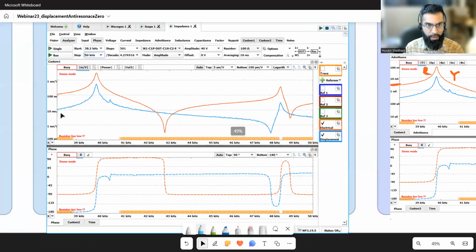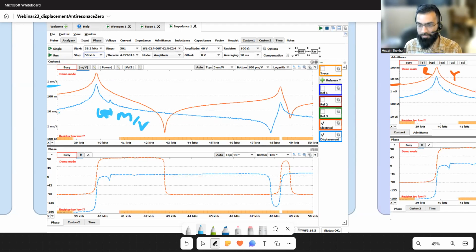Here are the values in microns or meters per volt, and here are the units. But as you see here, there's a minimum displacement. You see something interesting happening.